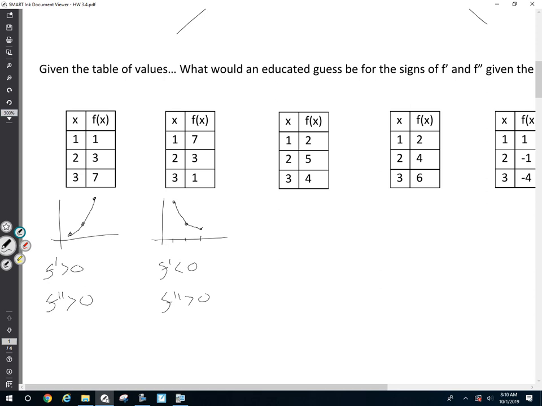2, then 5, then 4. I think I made a mistake when I put these values in here. So like 1, 2, 2, 5, 3, 4. I think I meant to do 2, 4, 5.